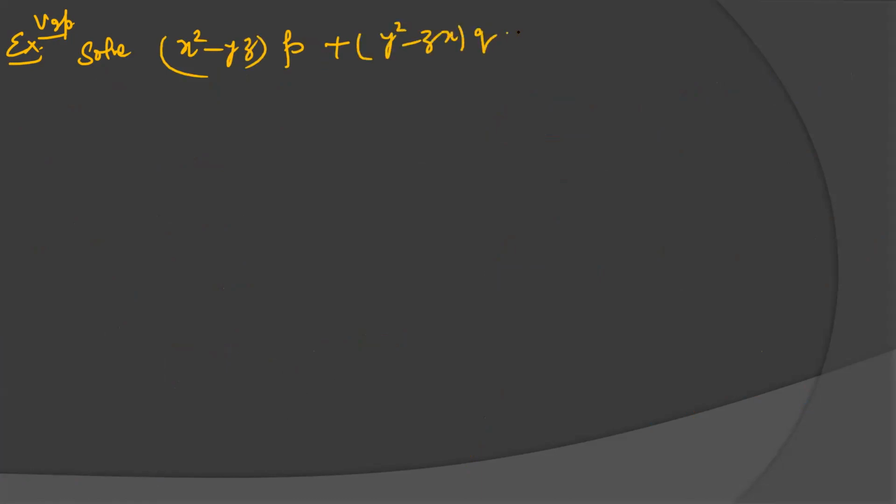Example. Very important problem. Solve (x square minus yz) p plus (y square minus zx) q equal to z square minus xy. Sometimes this alpha 1, alpha 2, alpha 3 method will work for only two proportions also. So let's see what we want to say here.